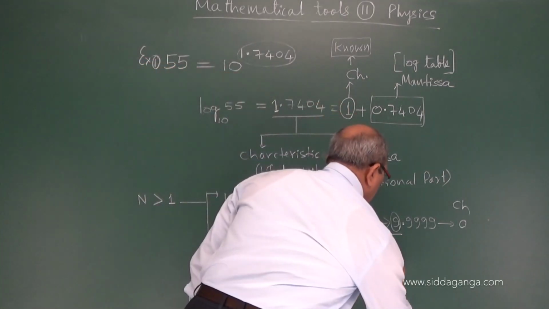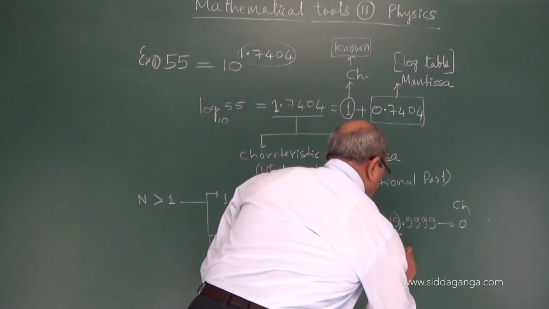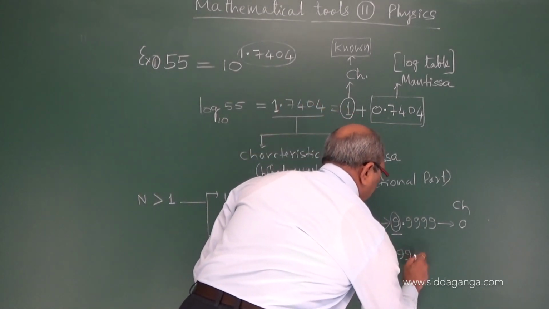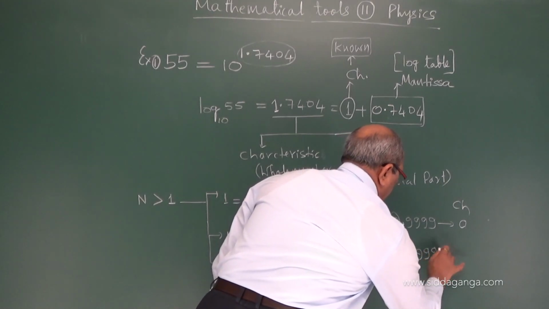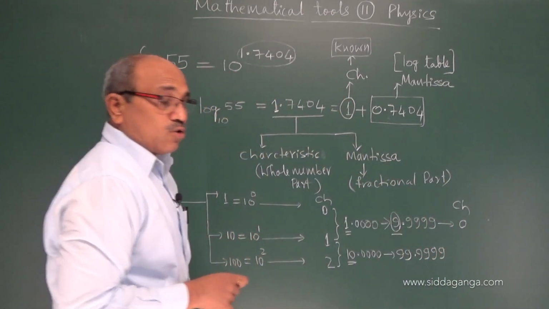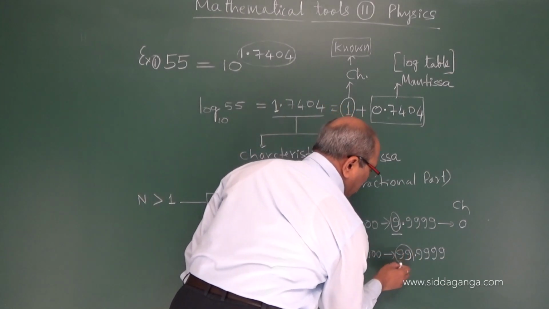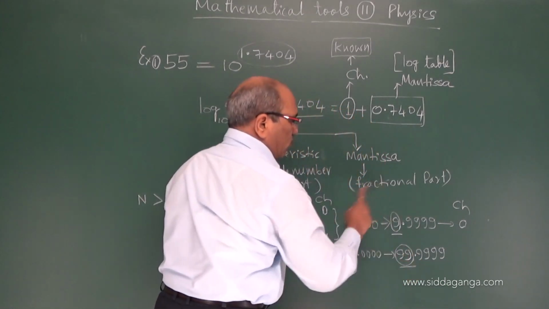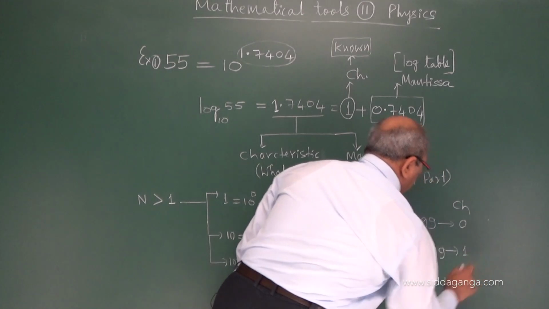Here 10 leading to 99.9999, how many digits are here? There are 2 digits. Therefore, the characteristic is 1 less. So what we have written here is clear.